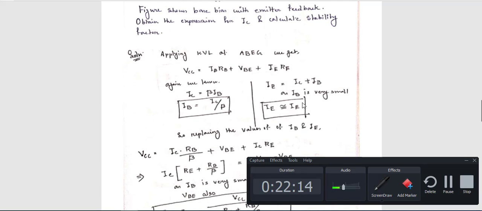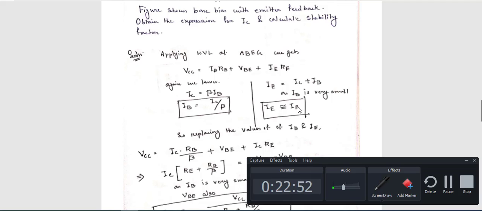Now again you have to calculate the value of IC, but in this expression there is no IC. That means you have to manipulate this expression in such a way that IC will come. We know IC is equal to beta IB, so you can replace IB with IC by beta. Again we know the emitter current IE is equal to IC plus IB. Here we are considering that the base current is very small, so IE is almost equivalent to IC.